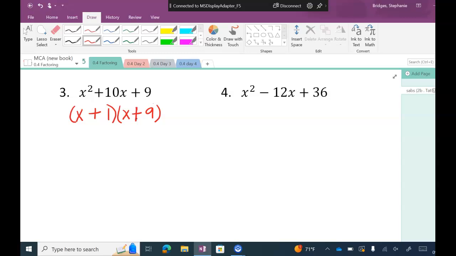Also, your signs will be the same. And they are both whatever the first sign is.